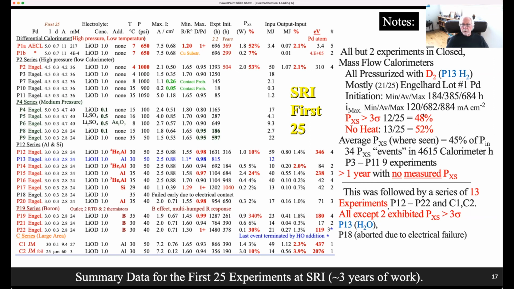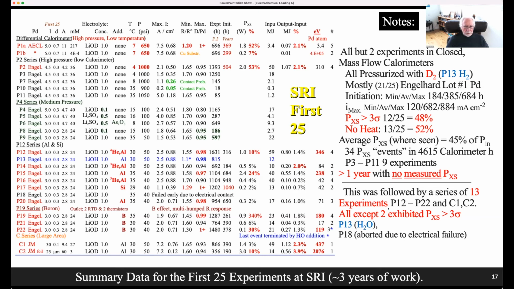The current threshold holds minimum 120, maximum 884 milliamps per square centimeter. About half of these showed excess power at the greater than 3 sigma level. But there's a section in there, more than 1 year, with no measured excess power.